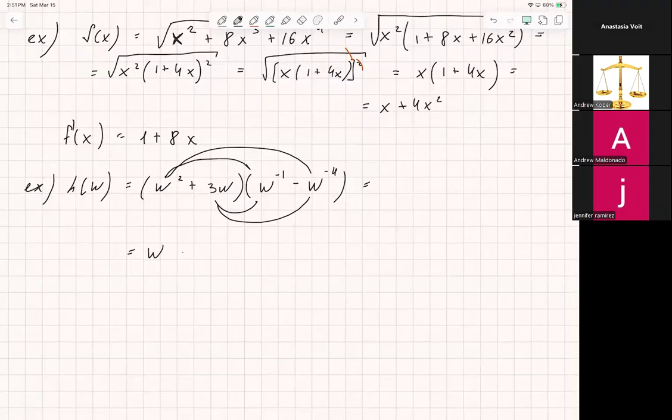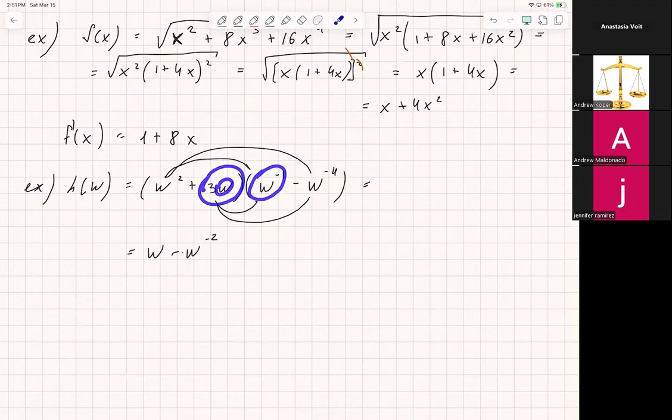now I'm looking at these two. So w squared times w to the power of -4. So we have negative w to the power of 2 minus 4, that's -2. So we have negative w to the -2. Next one is 3w times w to the -1.